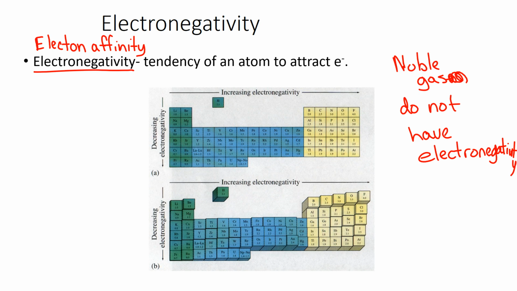They have an electron affinity because they want to keep the electrons they have, but they don't have an electronegativity number. So that's why this last column isn't there. All right. So when we look at this, the highest electronegativity is fluorine. The lowest is francium. So that means our general overall trend is increasing to the right.